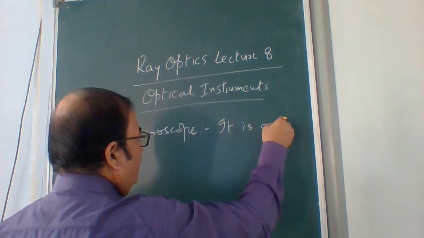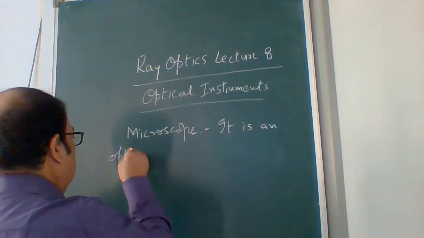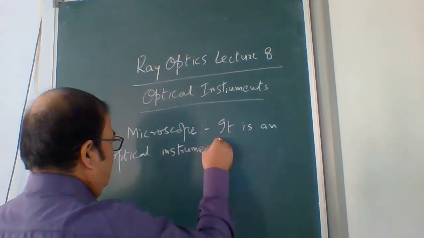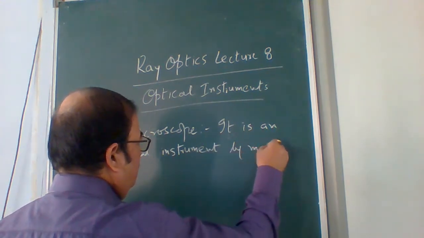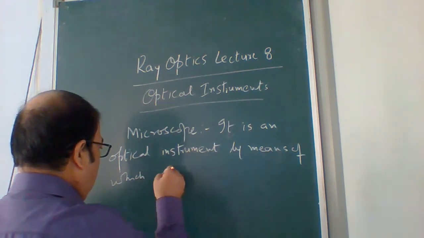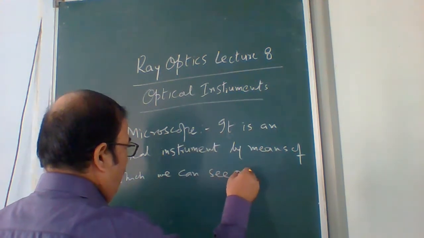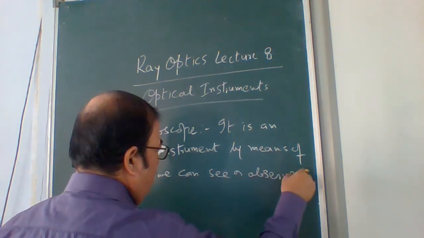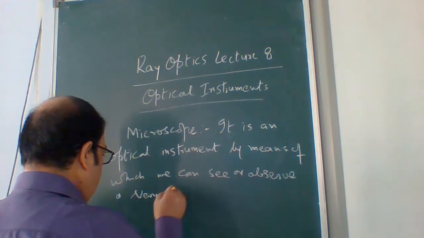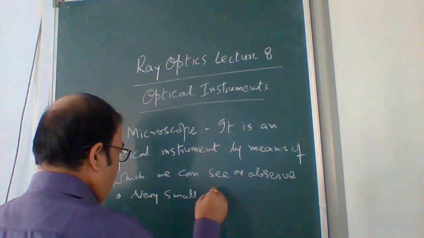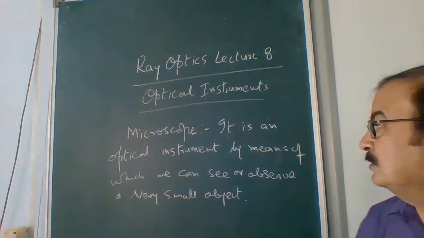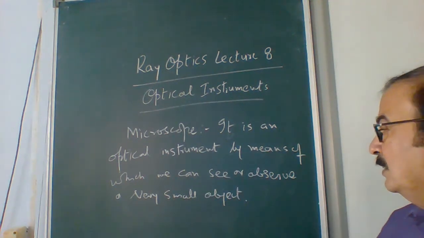It is an optical instrument by means of which we can see or observe a very small object.